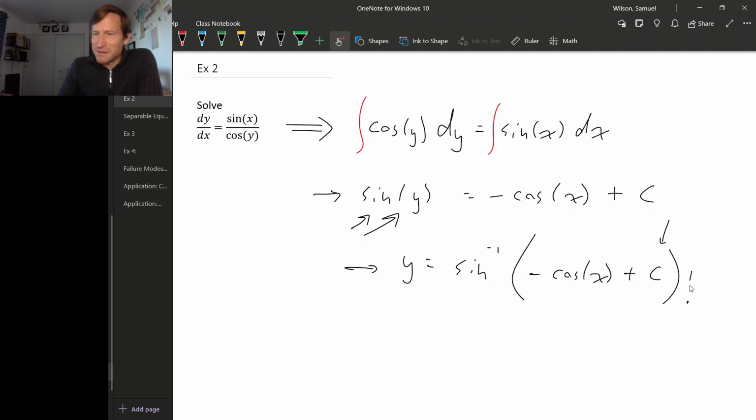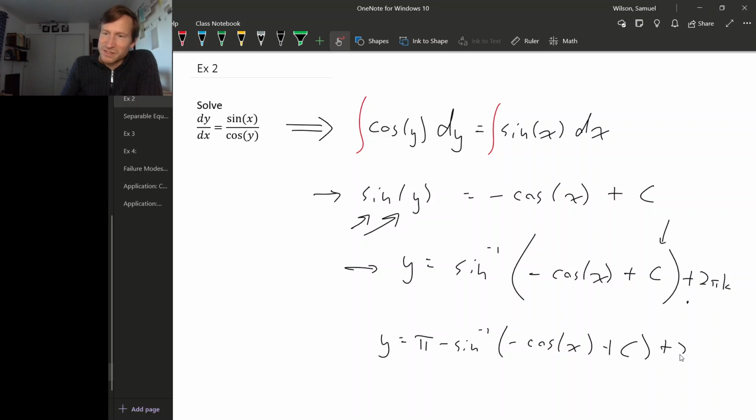So we need to add multiples of the period, so plus 2 pi k. And also we need to write down the symmetric solution for sine, which is, so for inverse sine, the symmetric solution is pi minus the original solution. So pi minus inverse sine of minus cosine x plus c, and then of course plus multiples of the period, plus 2 pi k.